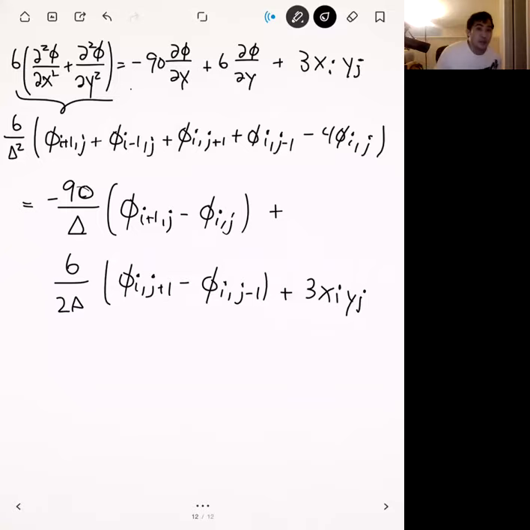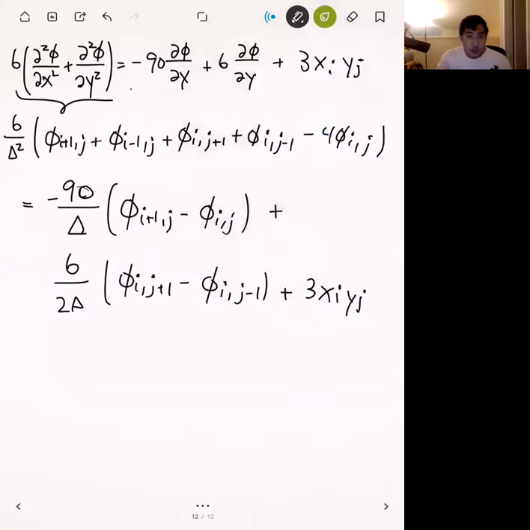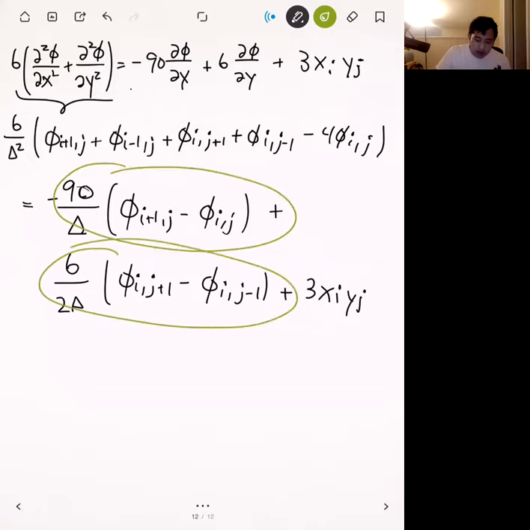From here, you can basically just simplify this expression. Usually, to make plugging things in easier, you want to take everything with a phi and move all these phi terms to the same side of the equation.